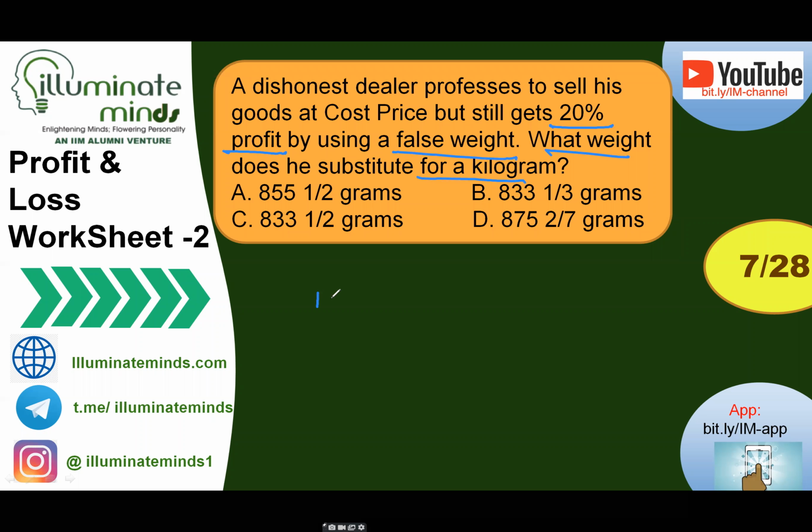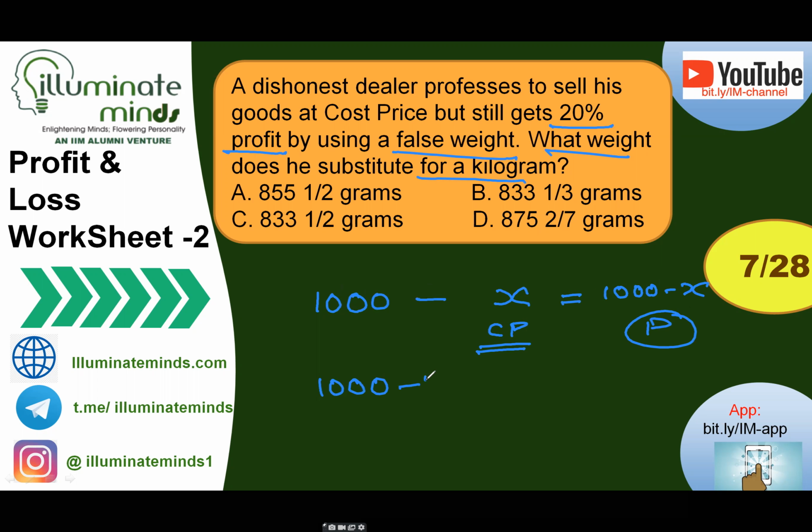So let's say he pretends to sell 1000 gram of a certain thing, but he gives the customer only X gram, and each gram cost would be 1. So this is the actual cost price of him, and the profit is equal to 1000 minus X. Let's calculate.